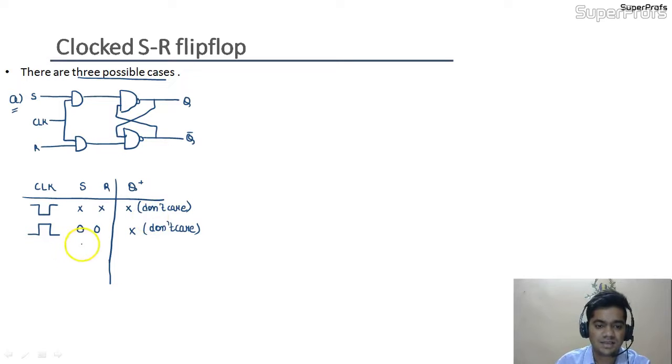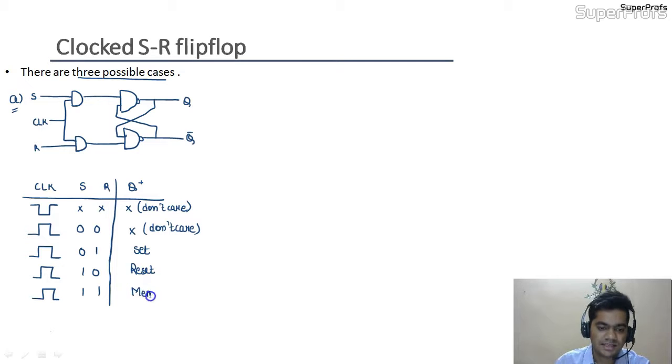So this is the same or a similar case as the NAND gate latch. Now if we give the clock pulse as 1 and inputs as 0 1, it would be a set state. For 1 0, it would be a reset state, and for the clock high and inputs 1 1, the output would be a memory state.